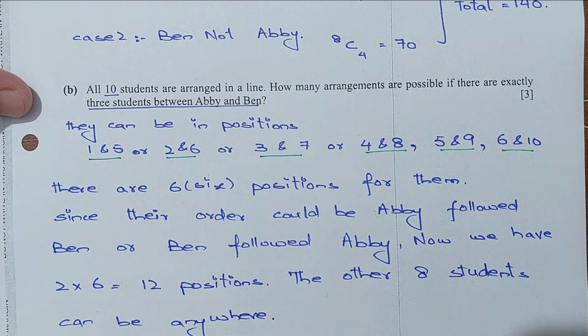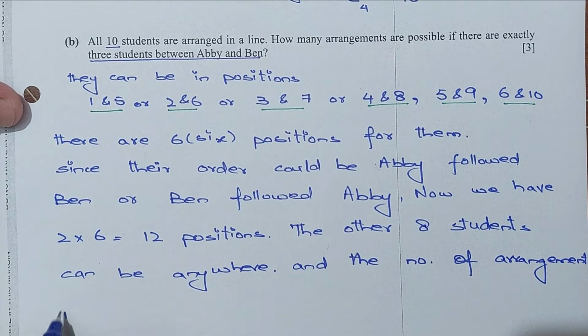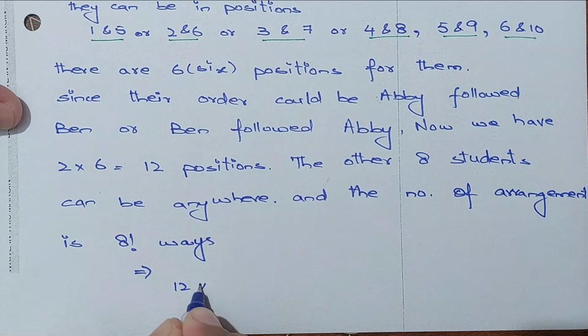Their number of arrangements is 8 factorial ways. So this implies we have 12 times 8 factorial ways.